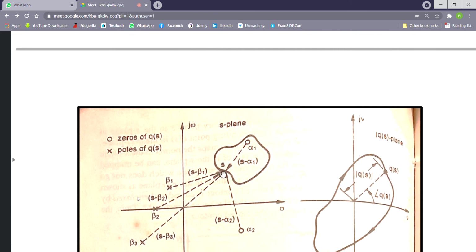If I represent it in a general form, this phasor will be S minus B1. This phasor is S minus B2. This phasor is S minus B3. This is S minus alpha 1. This phasor is S minus alpha 2. And this phasor is S minus alpha 1. Clear?